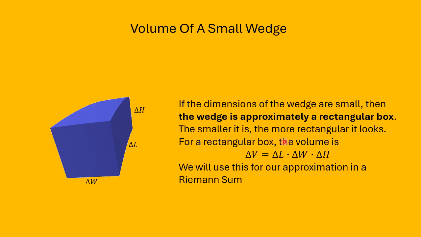For a rectangular box, the volume, which I'll call delta V for a small volume, is the length times the width times the height, delta L times delta W times delta H. We'll find out later that we will use this for our approximation in a Riemann sum for a triple integral, which we will evaluate in spherical coordinates. So what we need to do now is to find out how delta L, delta W, and delta H depend on the coordinates when you're working in spherical coordinates.